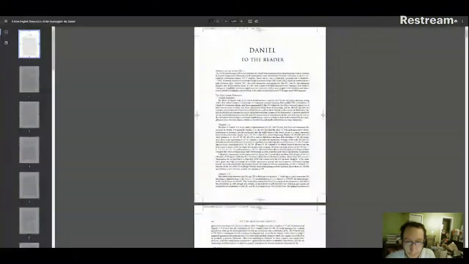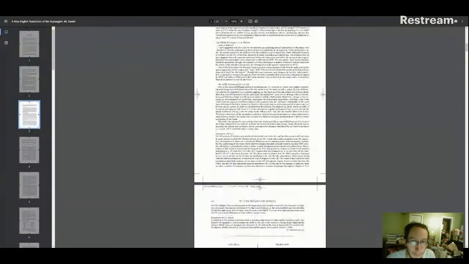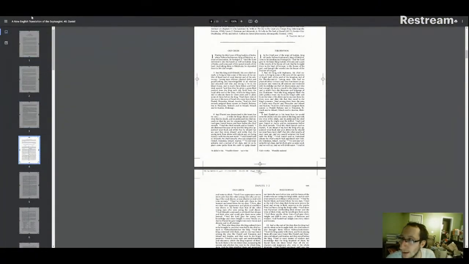This is the NETS translation of Daniel, where it says, we're going to look, whoops, my bad. Hold on. Wrong one. It's additions to Daniel that we're looking for. One second here. Additions to Daniel NETS. Hold on.